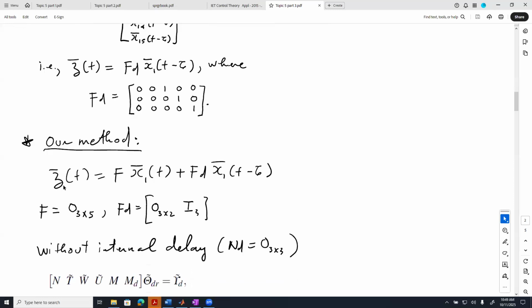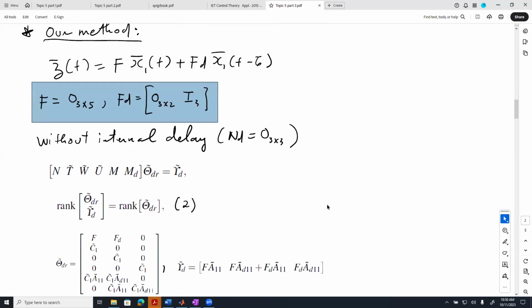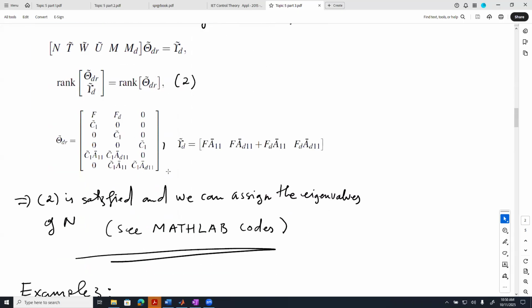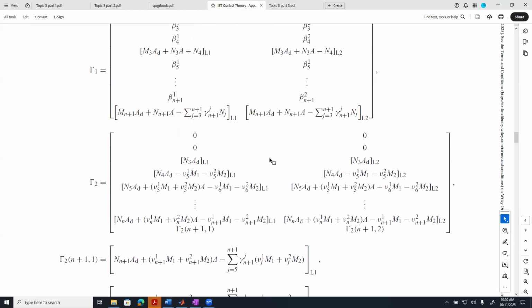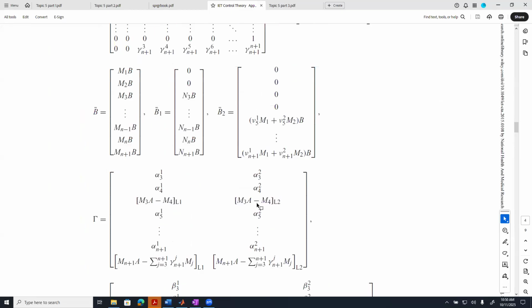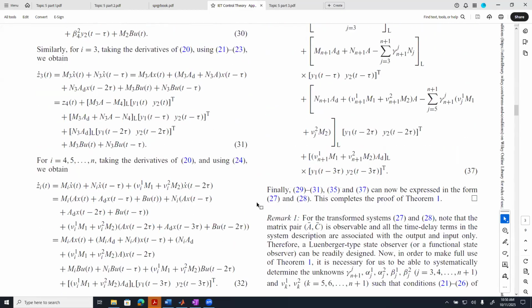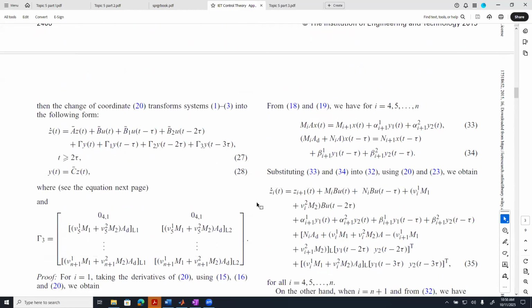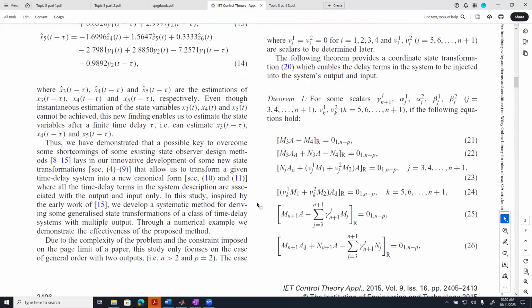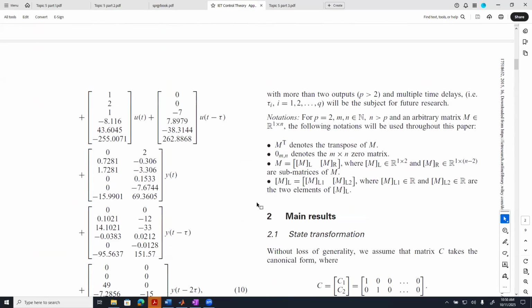It's just a matter of picking the correct F and FD matrices and then applying our existing condition. And if it's satisfied and leads to a stable error dynamic equation, then we complete the design without unnecessarily going through a whole heap of tedious algebraic manipulations. So that's the key there.